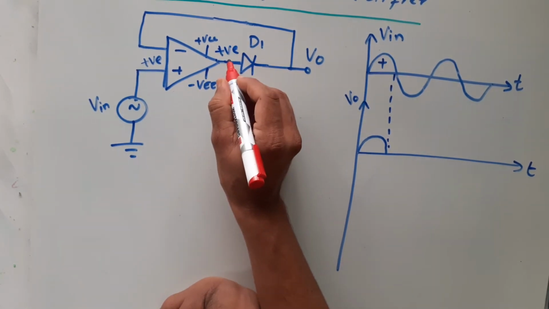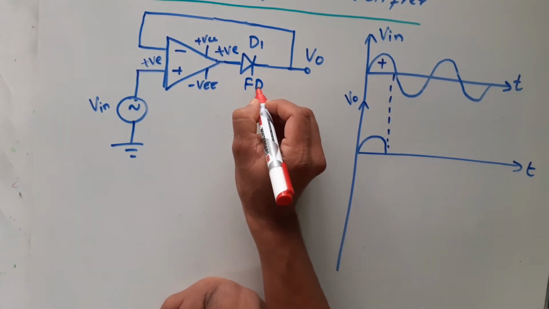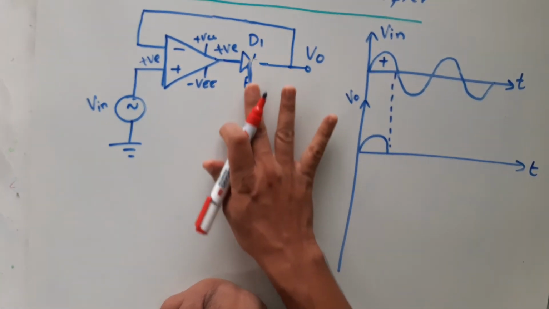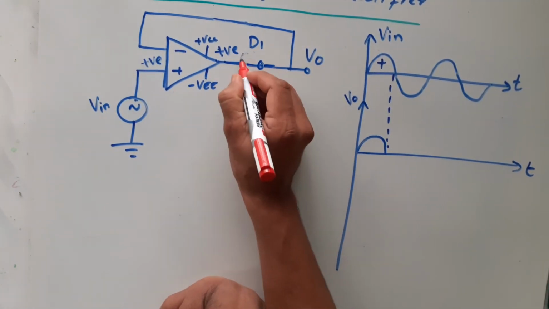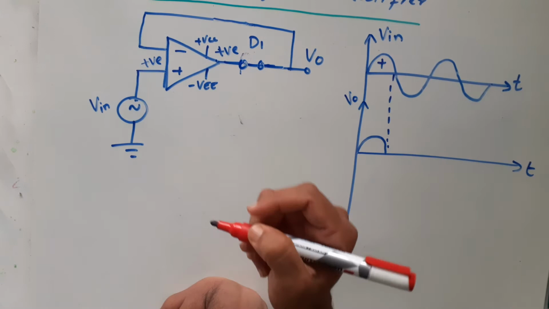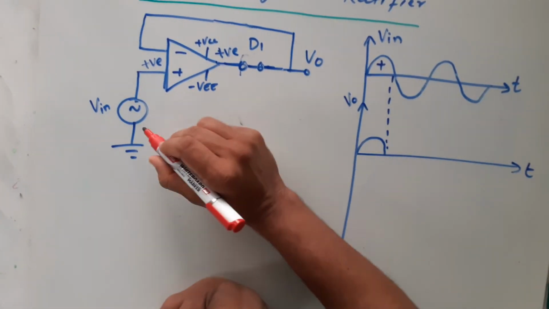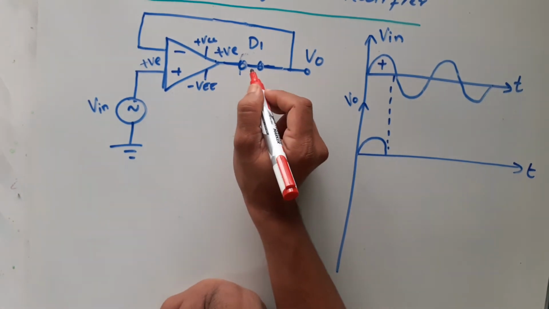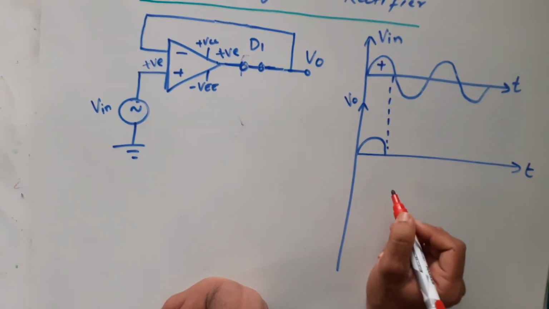This positive output will drive your diode D1 in forward bias condition. So this will be forward bias, meaning it will act as a closed switch. Diode will act as a closed switch. Hence, this input will be followed by the output. So you will get a positive output for positive input.